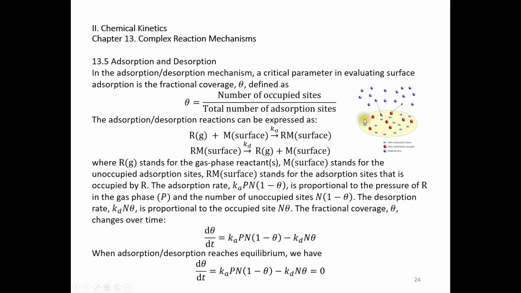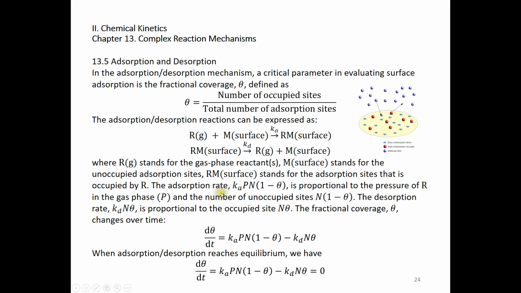And we have 14 Ms. Those are unoccupied sites, 14 blue ones. And we have this R, the blue ones in the gas phase. Again, R(g) stands for the gas phase reactants, M stands for the unoccupied adsorption sites, and RM stands for the adsorption sites that are already occupied by R.